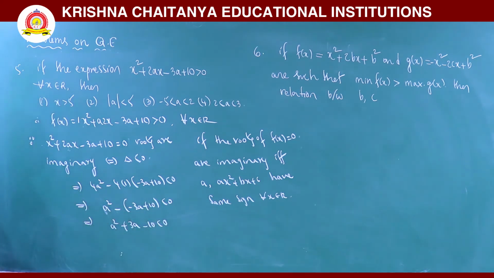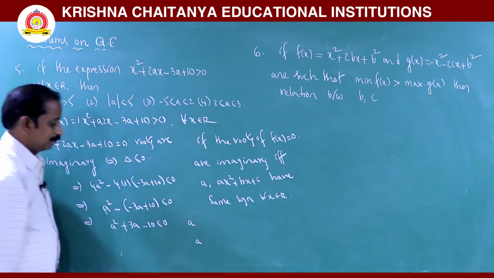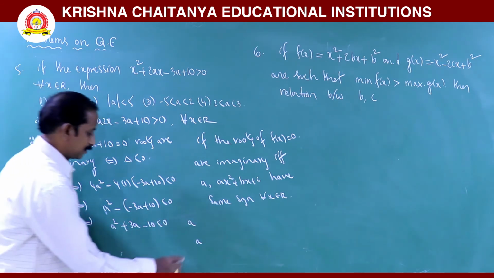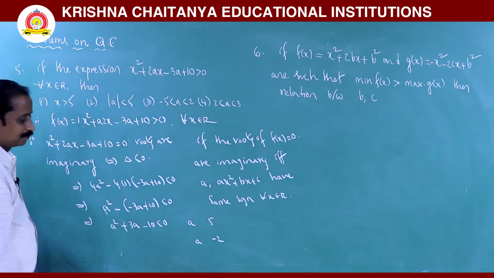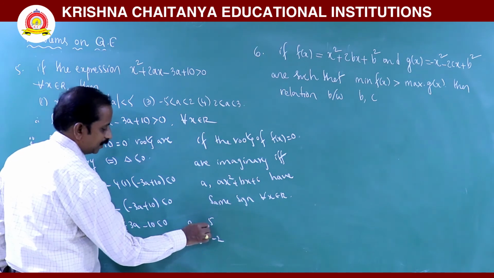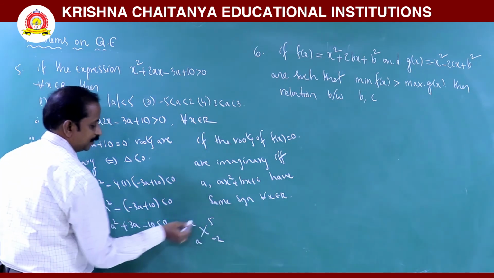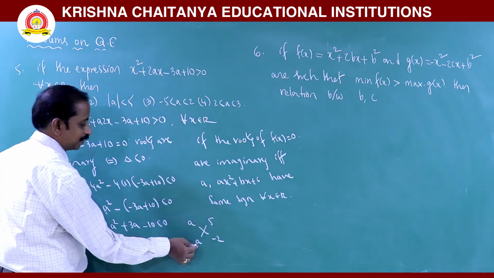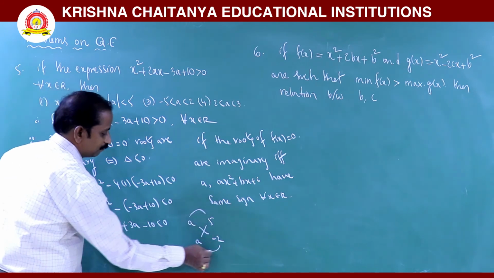What are the factors? A square can be written as a into a, but minus 10 can be written as 5 into minus 2. Let us observe, cross multiply and add, which is equal to the middle term. So this is minus 2a, this is plus 5a, means the sum becomes 3a. So now these are the factors.